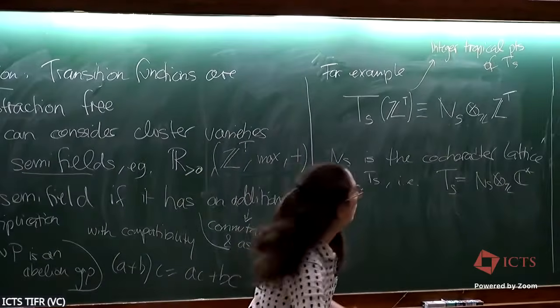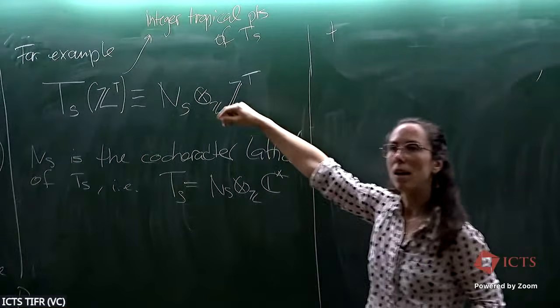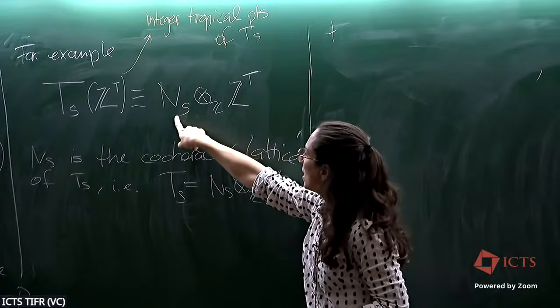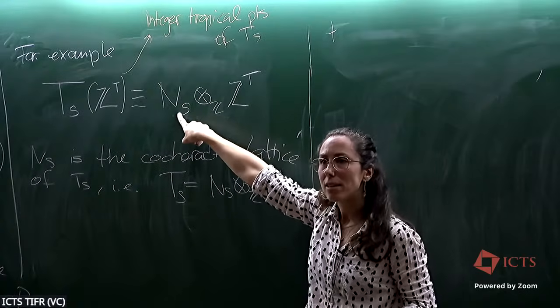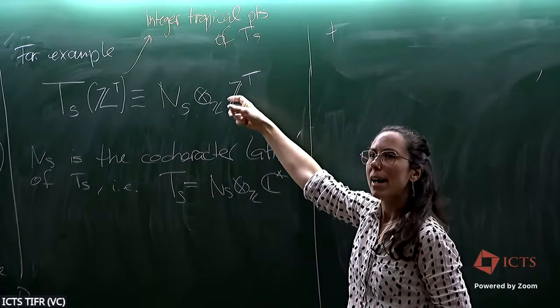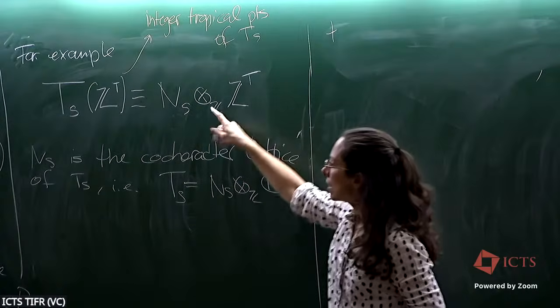Now, if I keep working over the tropical semifield, I can also check what happens to my transition functions. Yeah, so this is a lattice. So I have an action of Z on the lattice. But as a tropical structure, if I change the structure here, I actually lose a bit of that structure because Z^T does not have a multiplication.